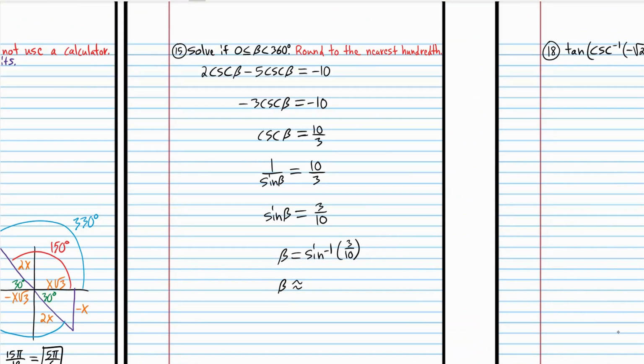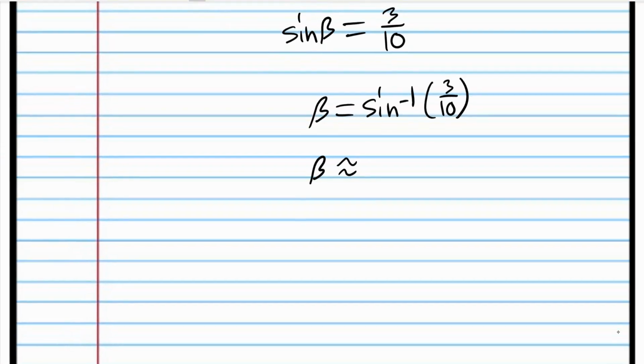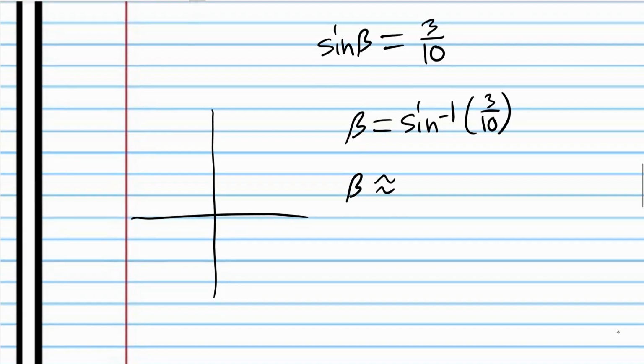Now it says find the solutions between 0 and 360. So in this case we do have the reference angle. Sometimes our calculator is not going to give us the reference angle, but this time it did. Now sine is positive in the first and second quadrants.